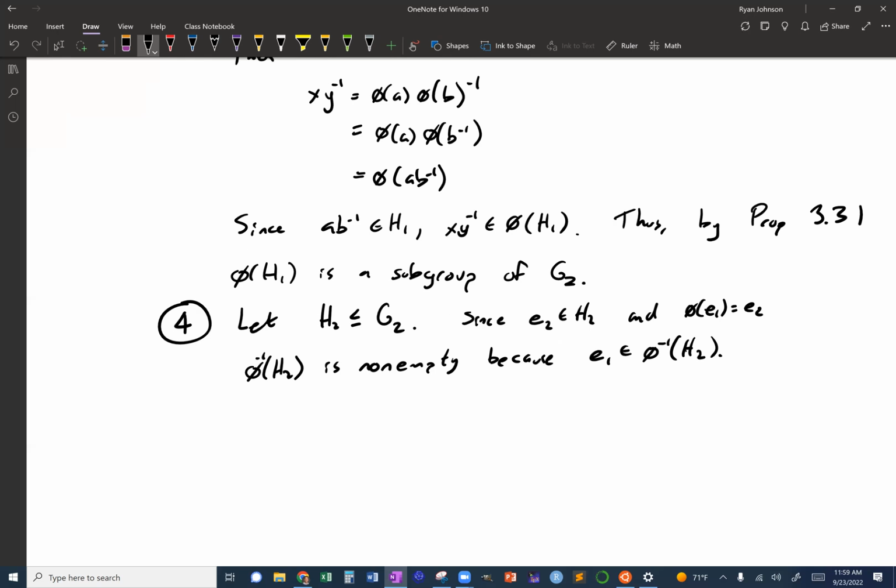But the identity is in H2, and the identity of the first group is sent to the identity of the second group. So E1 must be in there. Now, let A and B be elements of phi inverse of H2. I'm allowed to do that because it's non-empty.